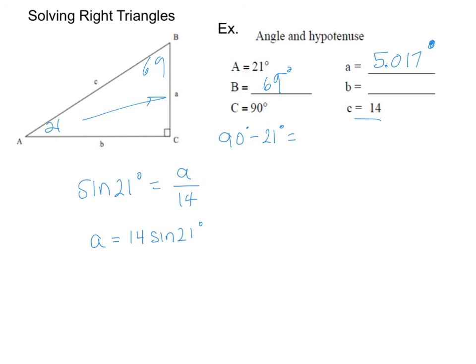All right. Then to find B, you could use any, right? You could use several different methods. You could use the Pythagorean theorem. You have two sides. So c squared equals a squared plus b squared. You could say that the cosine of 21 degrees is b over 14. Or you could say that the sine of 69 degrees is b over 14.